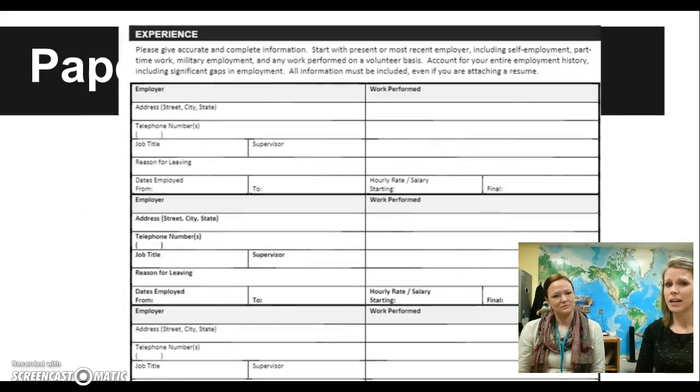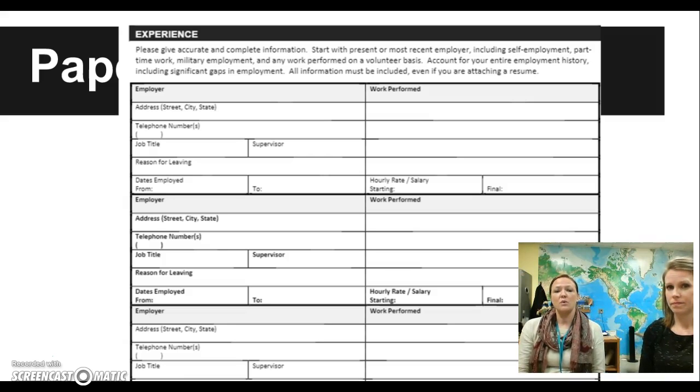And then the next part is your experience, and you might be thinking, well, I have never worked before, so what do they do on this page if they've never worked before? That's a great question. My first piece of advice is to always read the instructions. On this particular application, you'll see at the top, it does say that you can use volunteer experience.